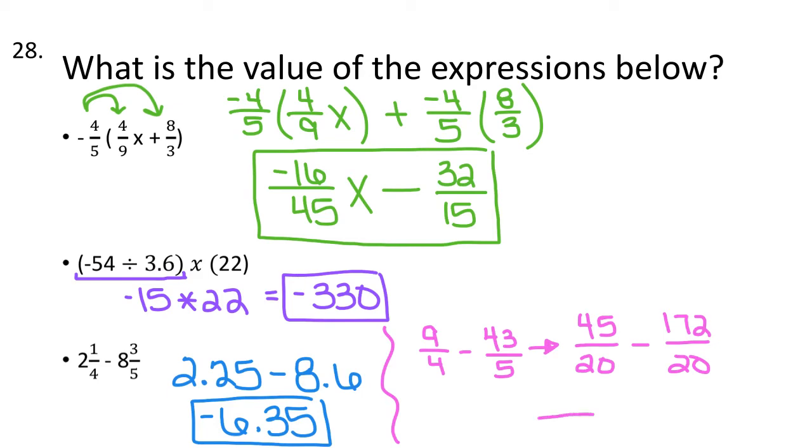And in doing so, I'm going to keep my denominator and I'm going to subtract my numerators. 45 minus 172 is negative 127. This is equal to the mixed number of negative 6 and 7/20. So I can either have negative 6 and 7/20 or negative 6 and 35/100.